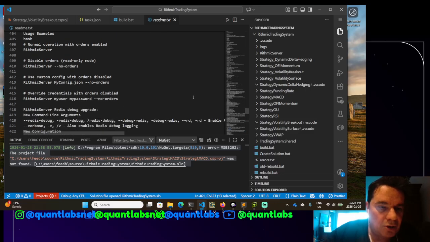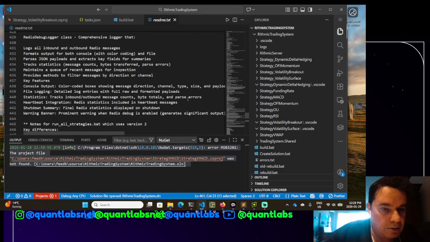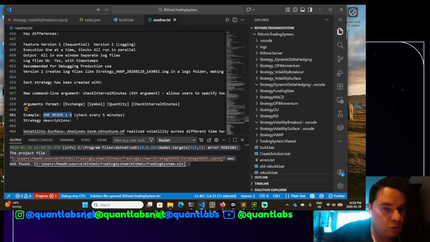Okay. So I put in each of the client code now in the client projects. Very simple way to run it. So I have the actual client, and then it's going to ask for the exchange of the instrument you're interested in, the actual instrument itself, or you could do the contract of the future contract as well.